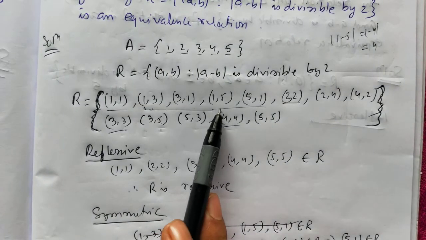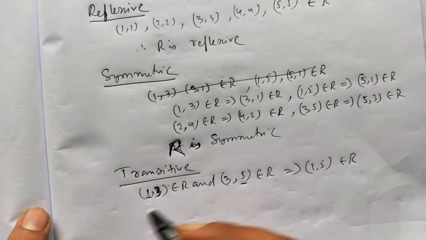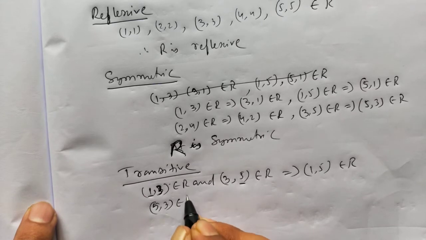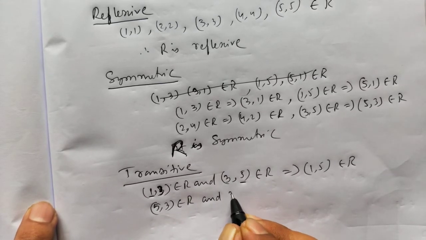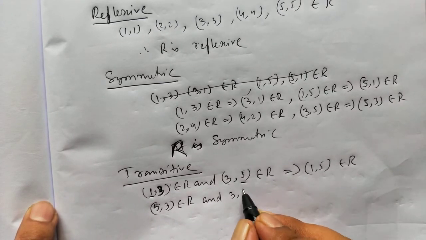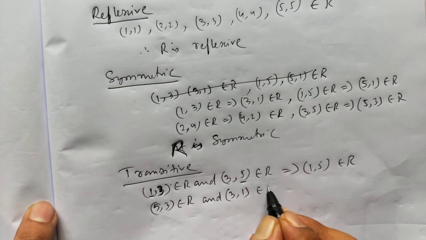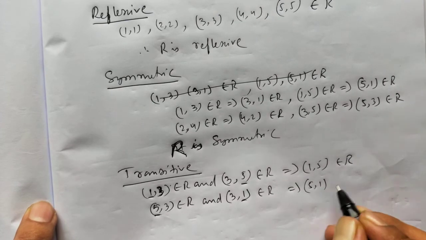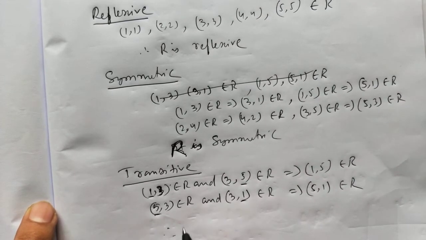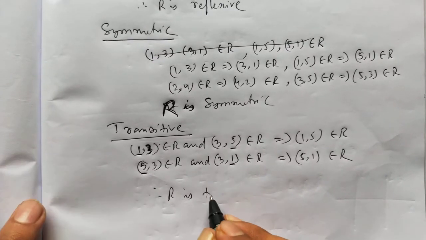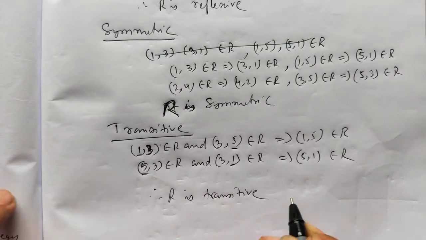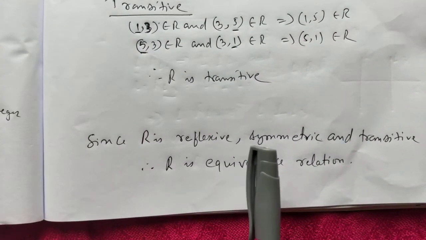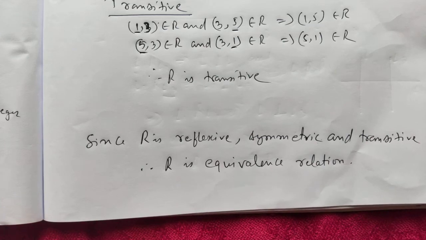So 1, 5 belongs to R. That means it is transitive, but we can check with other elements also. 5, 3 belongs to R and 3, 1 belongs to R implies 5, 1 also belongs to R. So therefore R is transitive also. So R is reflexive, symmetric and transitive. At the end you can write, since R is reflexive, symmetric and transitive, R is an equivalence relation.